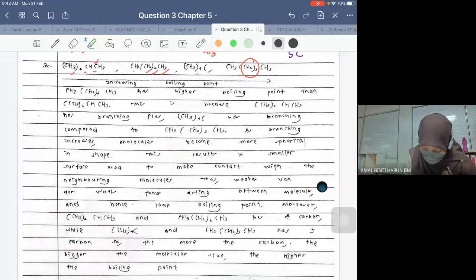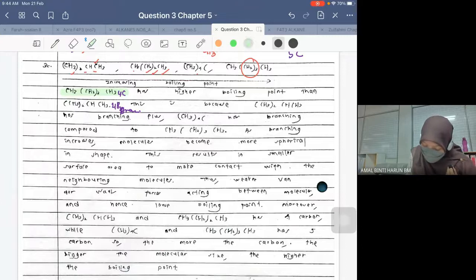Has higher boiling point. Okay, yang ni 5 carbon, 4 carbon. Has higher boiling point than CH3 tu 2, 3, 4 carbon tapi branching. This is because has branching plus branching compared to this one. Okay, where is the keyword? As branching increases, molecule become more spherical in shape. This result in smaller surface area.